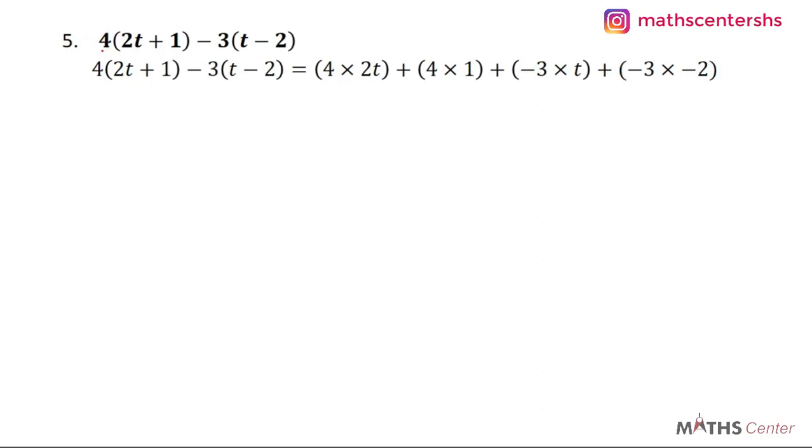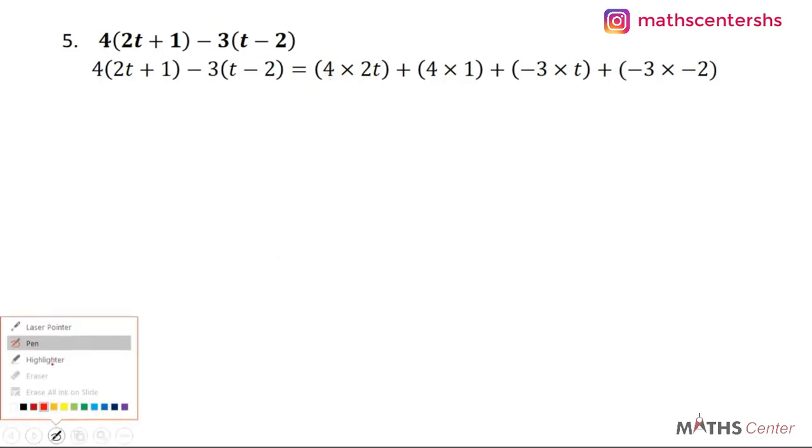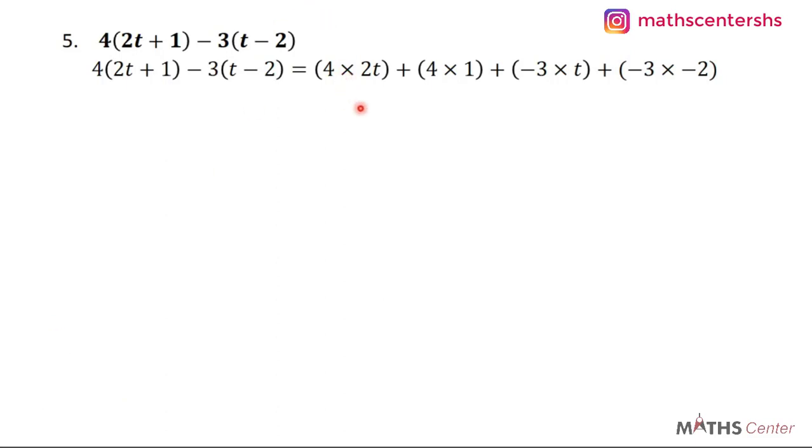So we are going to have 4 times 2t, as we can see here, plus 4 times 1. Then plus, remember that we always bring the positive sign.